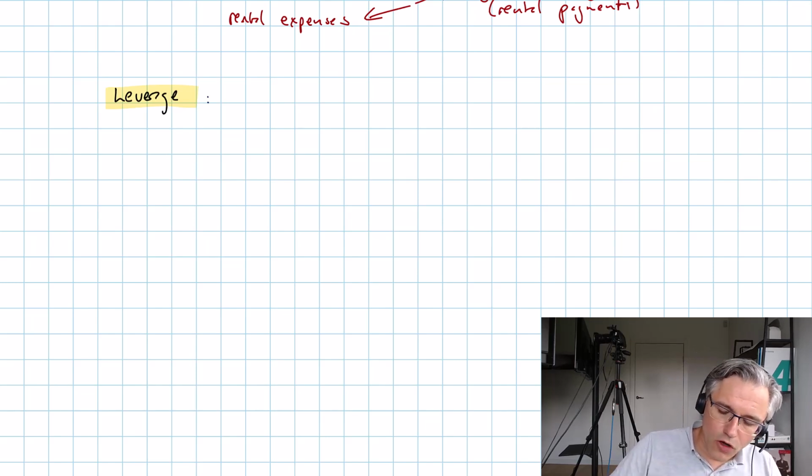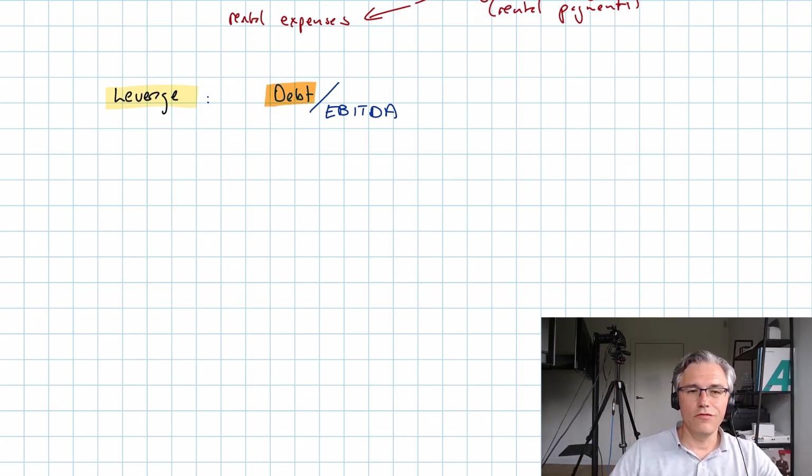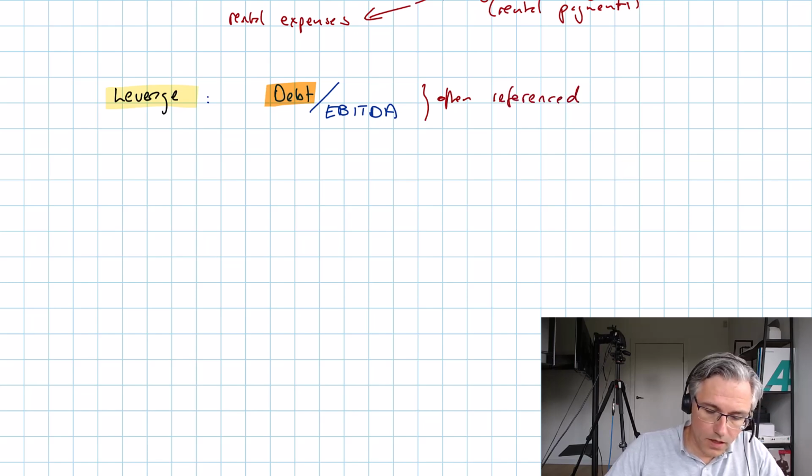And the most common one you're going to get here is debt to EBITDA. So generally, an expression for how much debt you've got in relation to how much income you periodically produce. This ratio is often cited, often referenced in loan covenants.